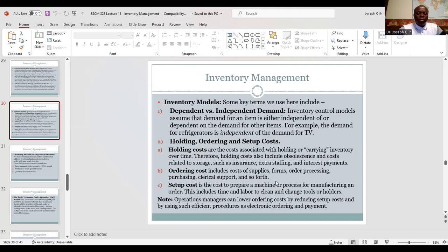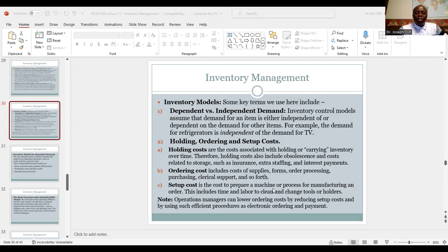Those costs come in the form of things like obsolescence or costs related to storage, such as insurance, extra staffing to look after the inventory being stored, and interest payments. So these are what you call the holding costs.